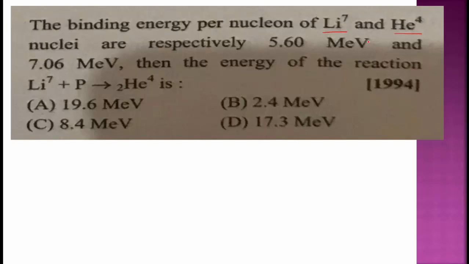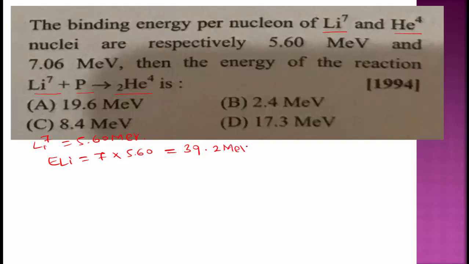Then what is the energy of the reaction lithium 7 plus proton gives 2He4? The binding energy per nucleon of lithium 7 is 5.60 mega electron volt, and the total energy of the lithium, with mass number 7, is 7 into 5.60.